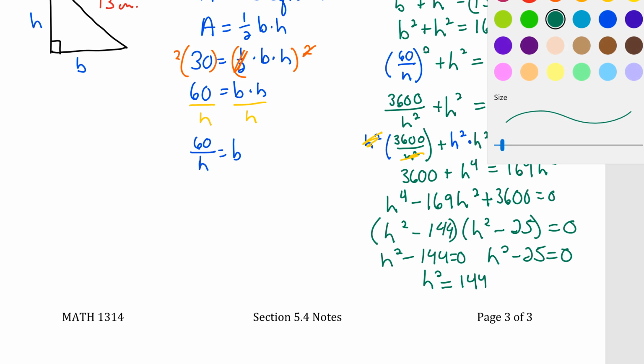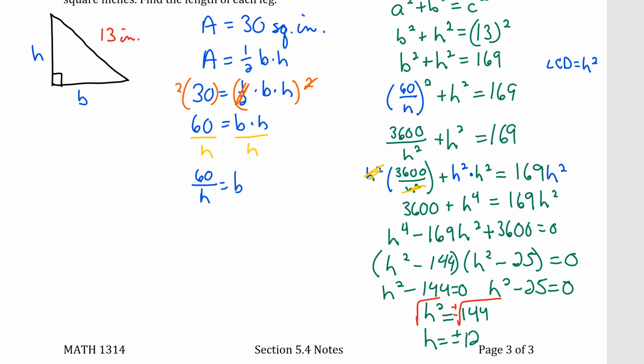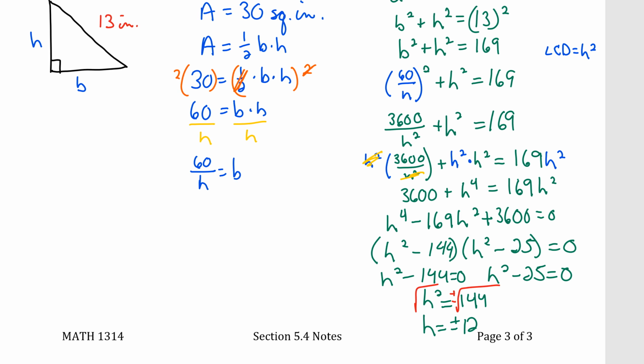I've got to take the square root of both sides, positive and negative. So h can be a positive or negative 12. But what are we talking about? This is the height of my triangle. Can a height ever be negative? No. So I know that h, in this particular case, has to be a positive 12.